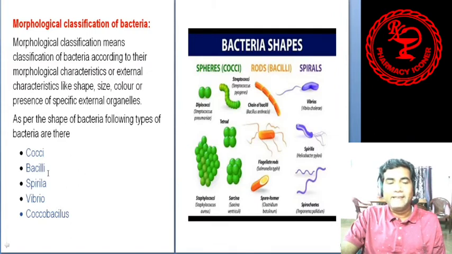Then bacilli. Bacilli are rod shaped. You can see one rod, two rods, small rods, rod shaped bacteria. Spirilla have the shape of an S like this. And vibrio is like a comma. If you draw a comma, it is like this.